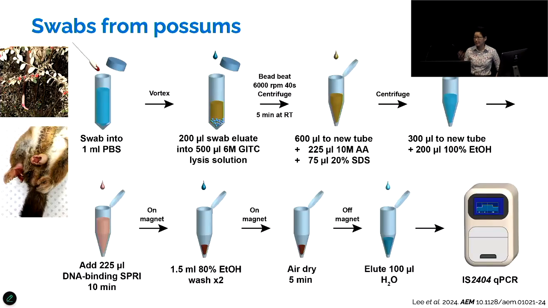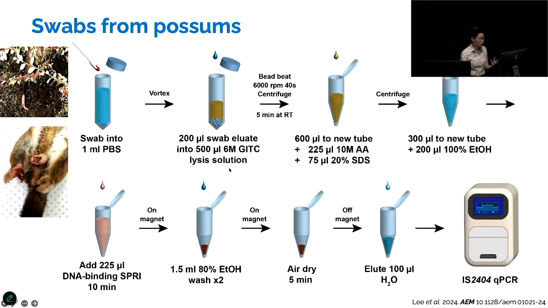We also adapted our method to process swabs taken from possums. Because this specimen type doesn't contain humic substances, the aluminium wash step was omitted. And because this was designed around pre-existing samples, the first step was carried over from the QIAGEN blood and tissue kit, which eluted the swab in PBS.